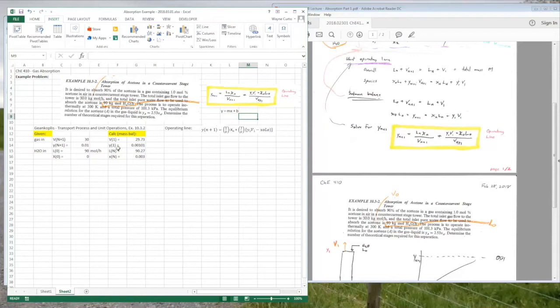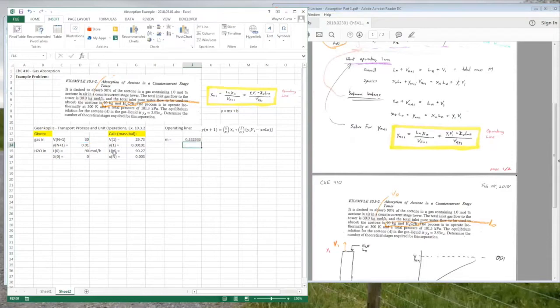In this case, since these numbers do not change very much, the value for the slope will be taken directly as the ratio of the gas flow, roughly 30 over 90. I could do it with V1 over Ln as well to give you an idea what they look like, and the difference is not that much.